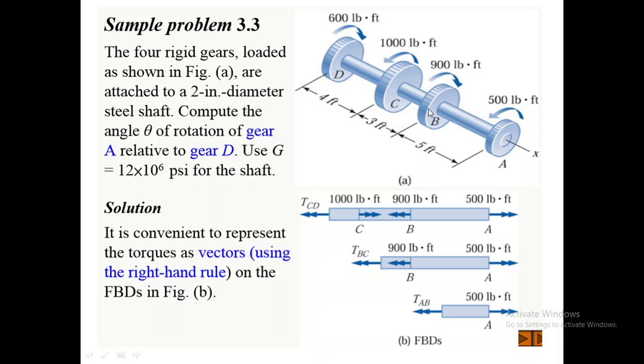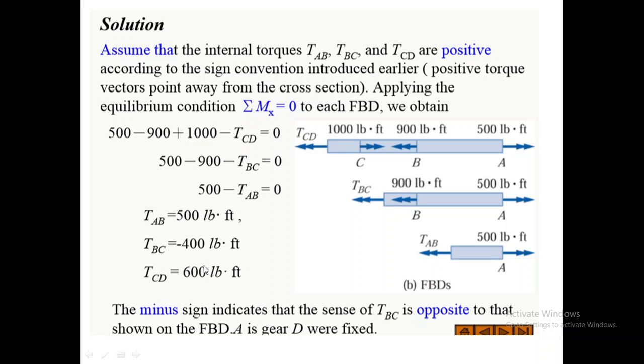And for portion BC, you take the right hand side and calculate the torques here. So it is 900 minus 500. So it is 400 Newton meter, and it is clockwise. So clockwise is taken as negative. So the torque on the BC portion of the shaft is minus 400 Newton meter.